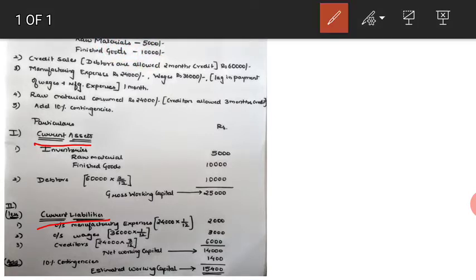Raw material is directly 5,000 rupees because the amount locked up is given. Second is finished goods 10,000, which is directly given to us. Then comes your debtors. Debtors are allowed 2 months credit and total is 60,000. So how do we solve it? It is debtors 60,000 into 2 by 12.